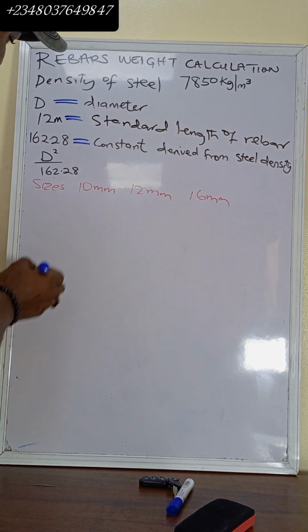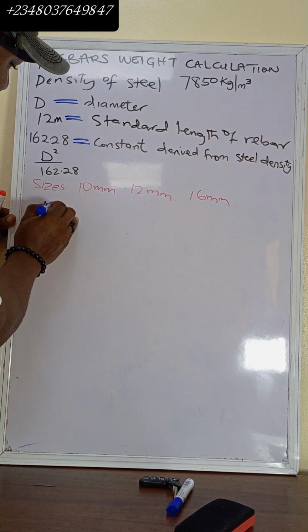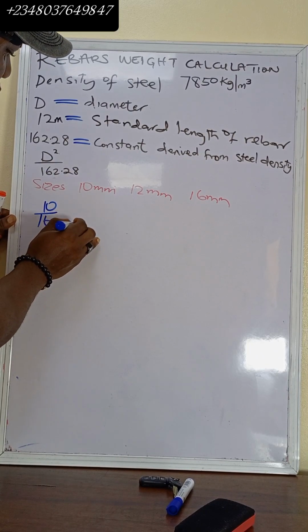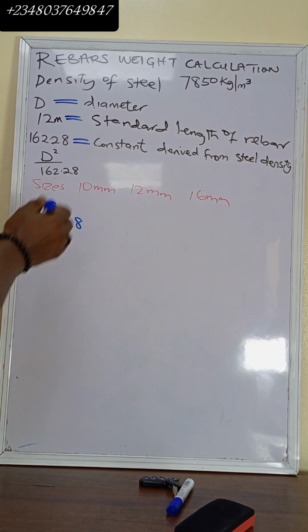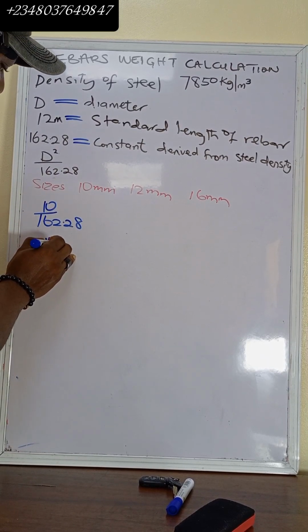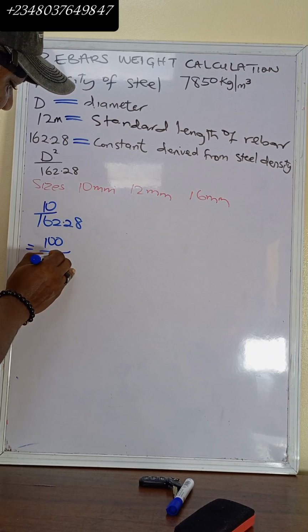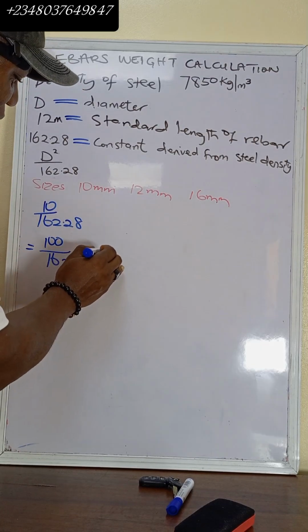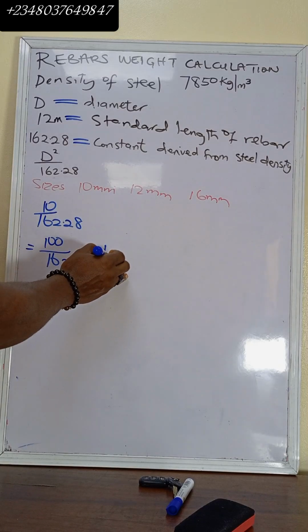We are starting with 10 mm. D squared over 162.28. So 10 squared will give us 100 over 162.28 multiplied by 1 meter.